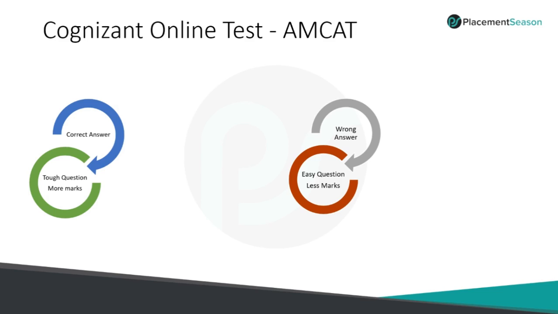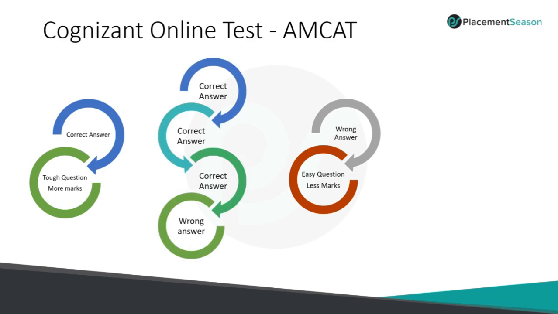Now, in this procedure, how will you actually crack the test? What is a tip, or even a trick, in order to get more marks? Simple. You answer all questions correctly in a sequence, and you get more marks. Now let's see an example. Suppose the first question has 5 marks.